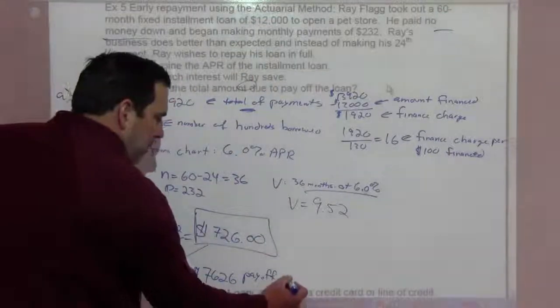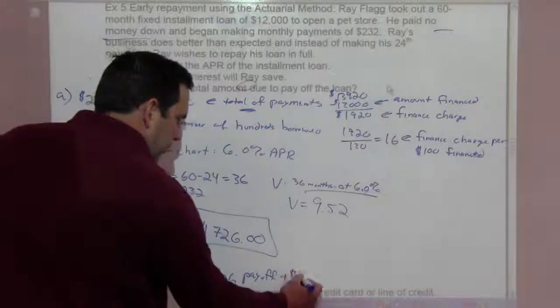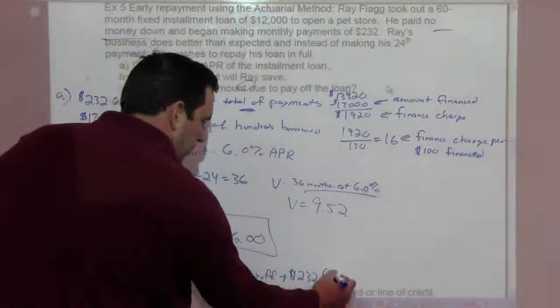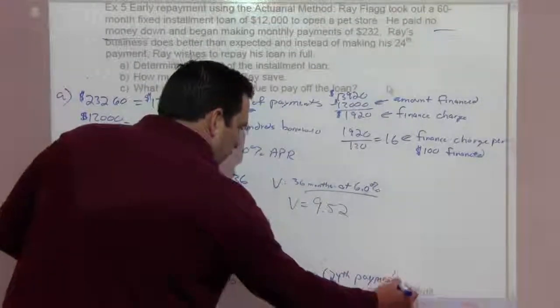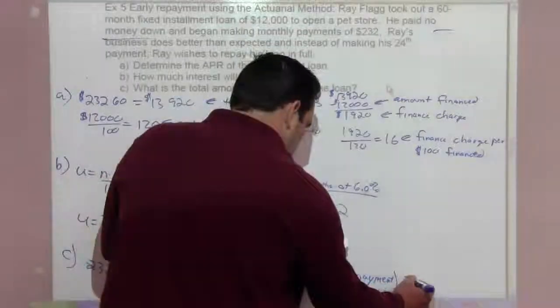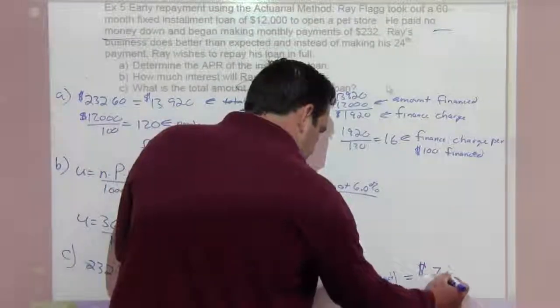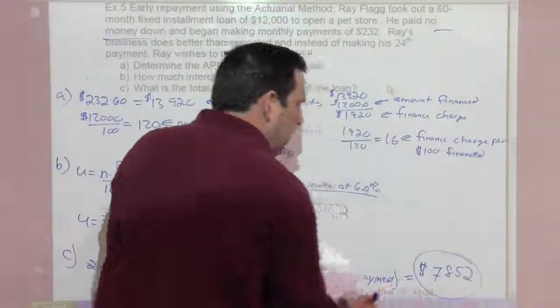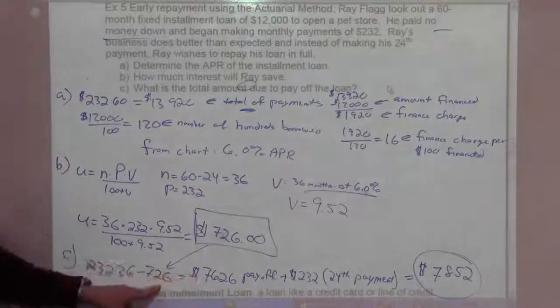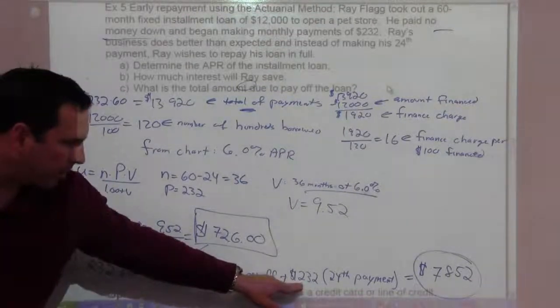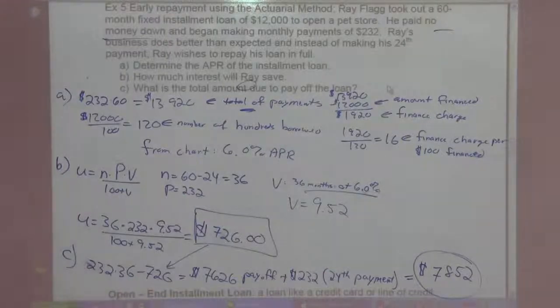Those payments, plus the 24th payment, is going to be $7,858.52. This is what he needs to do to pay the whole thing off. So this is the other payments minus the interest from those payments, plus the 24th payment, which gives us the total payoff. Feel free to pause that one.